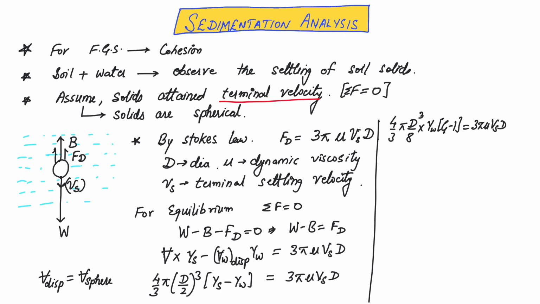From here I want the expression for the settling velocity, which can be easily calculated as Vs = (G − 1)γw d² / 18μ, and this is the formula that I am going to use here for the sedimentation analysis.